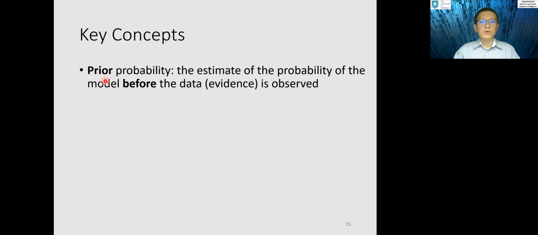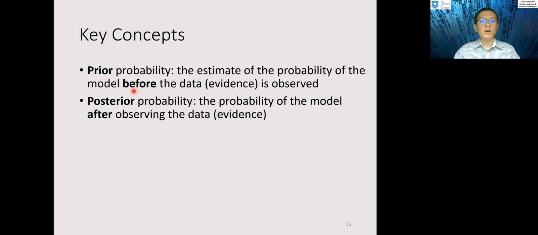Prior probability is the probability of the model before the data is observed. Posterior probability is the probability of the model after observing the data.